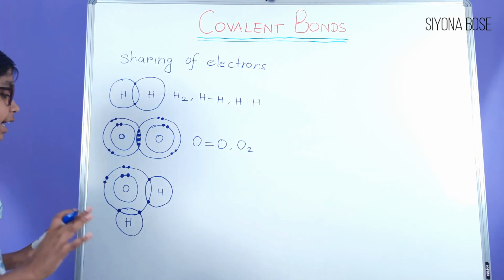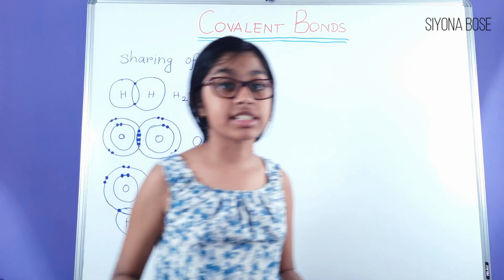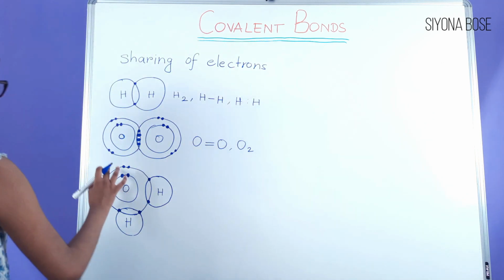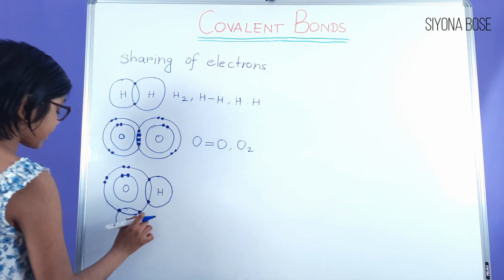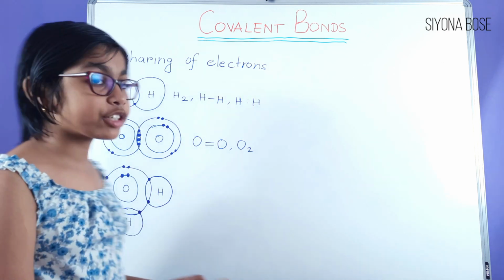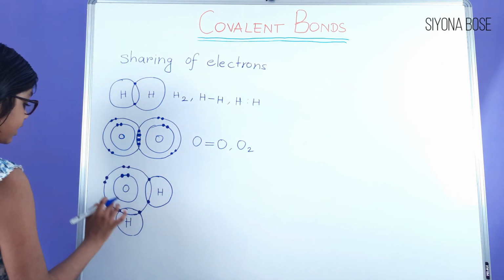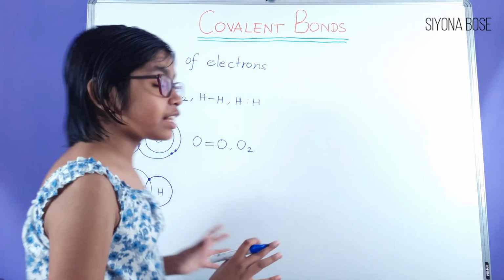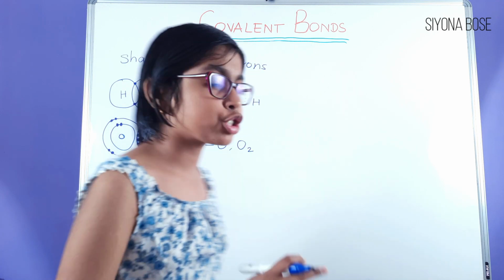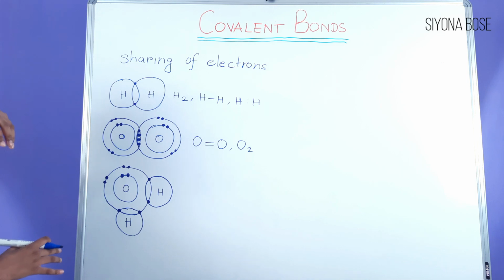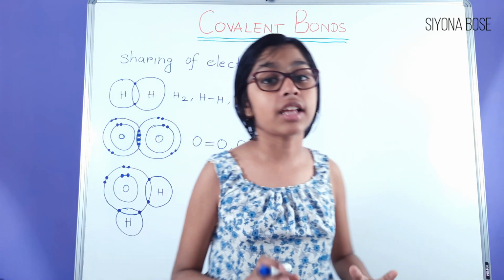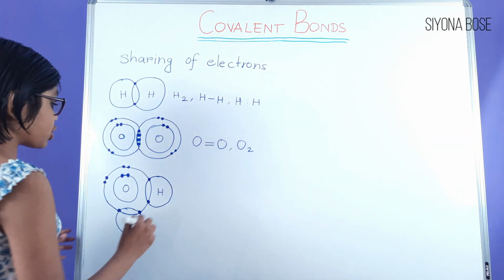So what is the count? For oxygen, since there are 6 valence electrons, we have 1, 2, 3, 4, 5, and 6. But after the hydrogens came in, it became 1, 2, 3, 4, 5, 6, 7, 8. So that fulfilled the capacity of the valence shell of the oxygen atom, and also the hydrogen atoms. This is H2O.